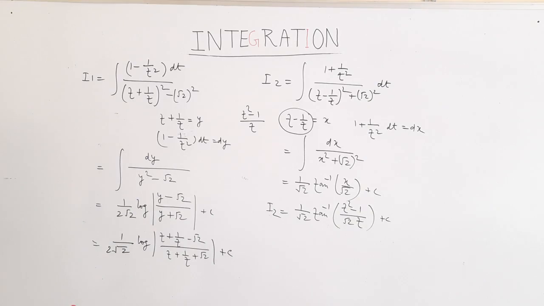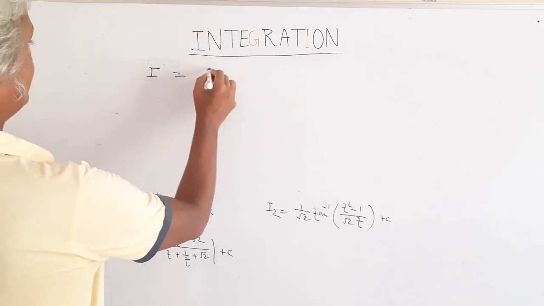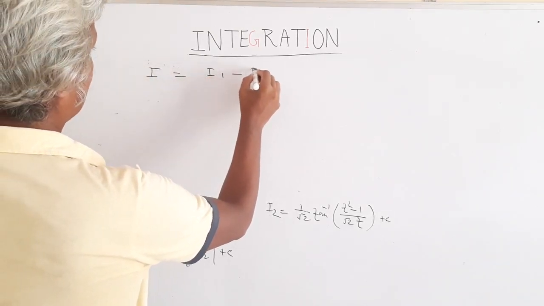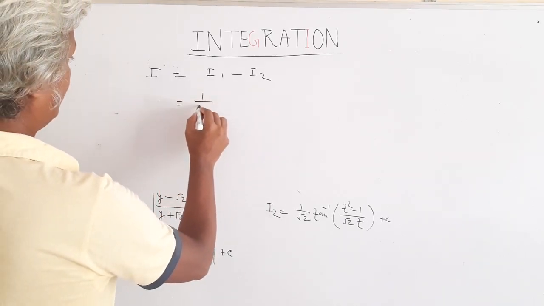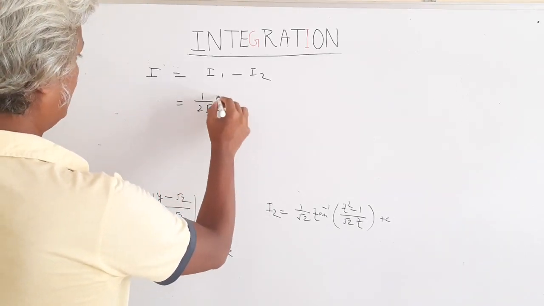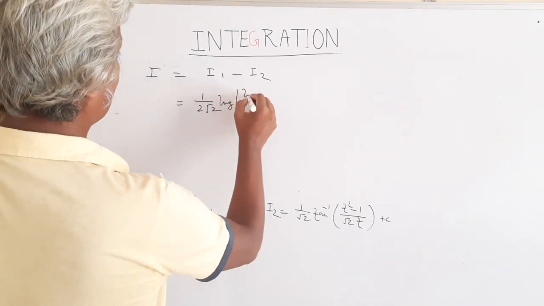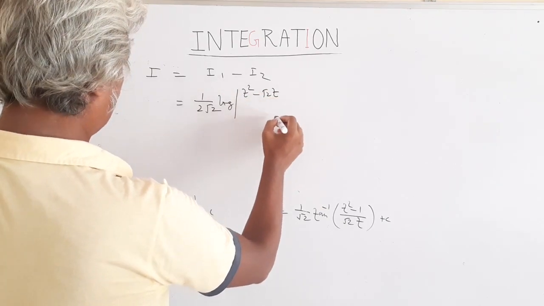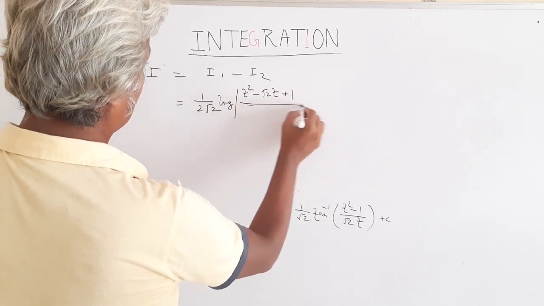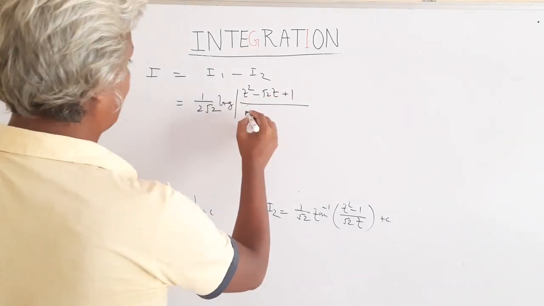Now I want to clear the screen, and then my I will be I1 minus I2. So our I has taken the form of I1 minus I2, and the integral of I1 is 1 over 2 root 2 log mod. If I take the LCM, then I get t square minus root 2t plus 1 upon t, and that upon t and this upon t will cancel, so I am not writing this.